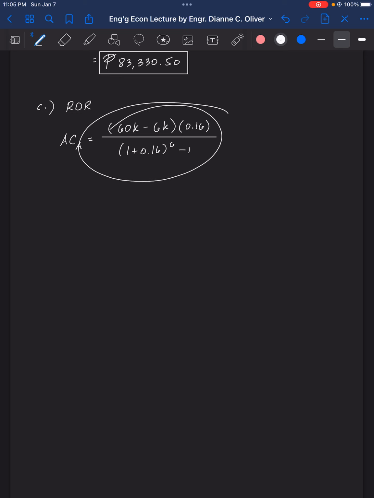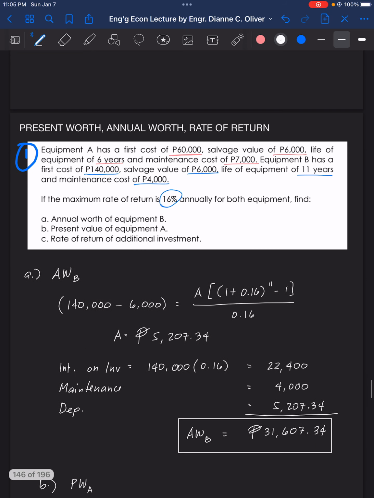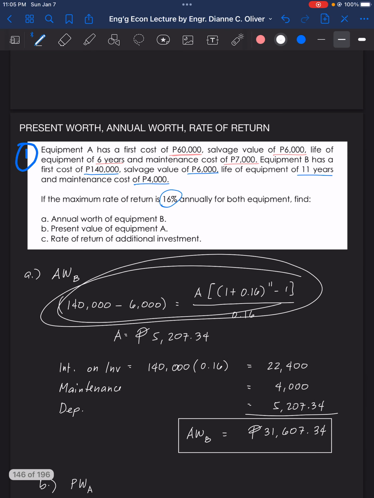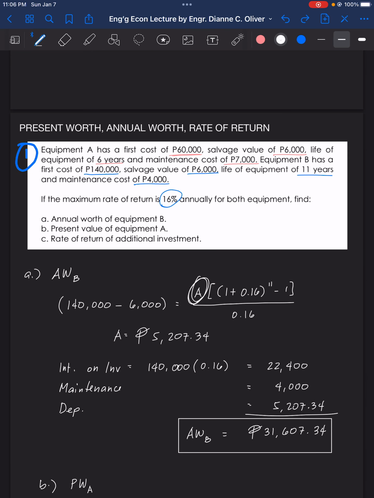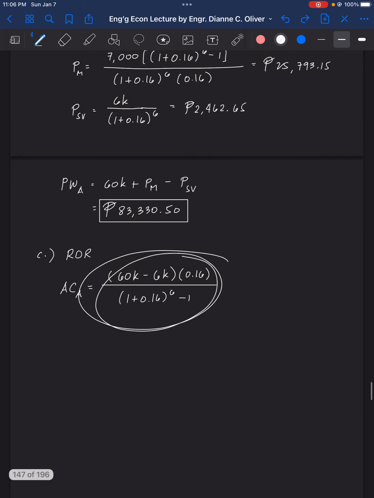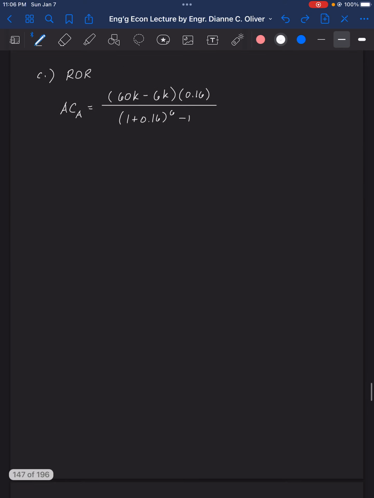This is the depreciation formula that we used a while ago. Here, we're trying to get the value of A. Then, plus the annual maintenance cost of 7,000. And see that we did not involve the interest on investment, so it's not part of the solution for the ROR.